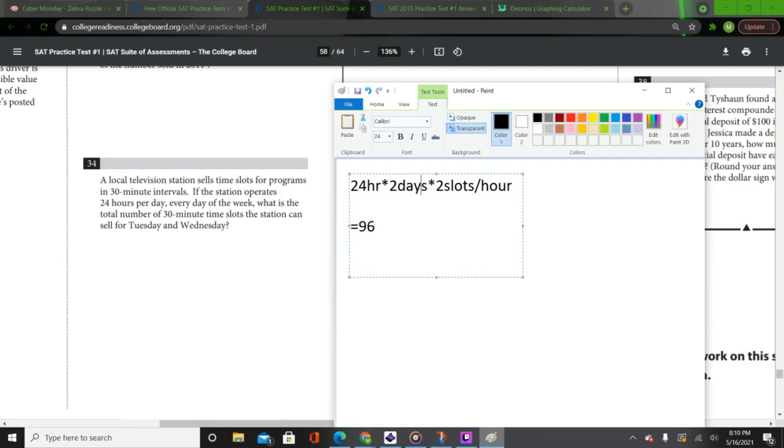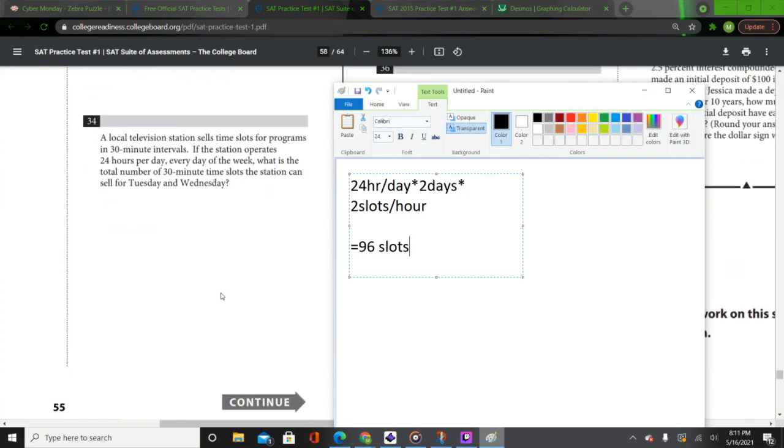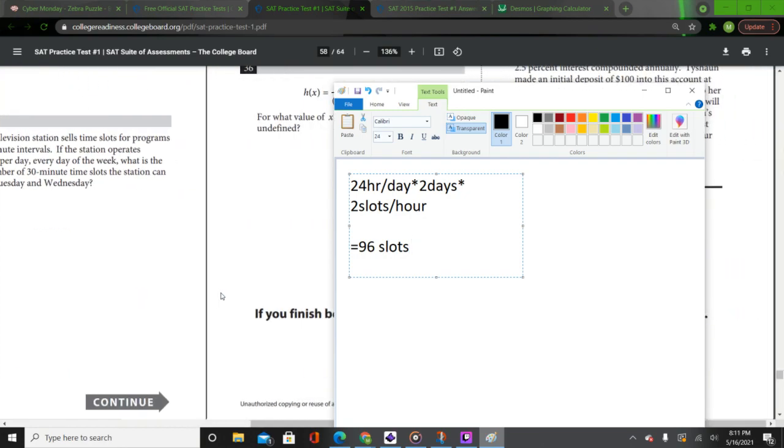So technically it's 2 days, and then we have 1 day, 24 hours for 1 day. I should have written that, and that makes it cancel out. Slots is what we're left with. I do apologize, I probably should have written it better to start with. But yeah, that's 34. 35, 36, and 37, that's all that's left.